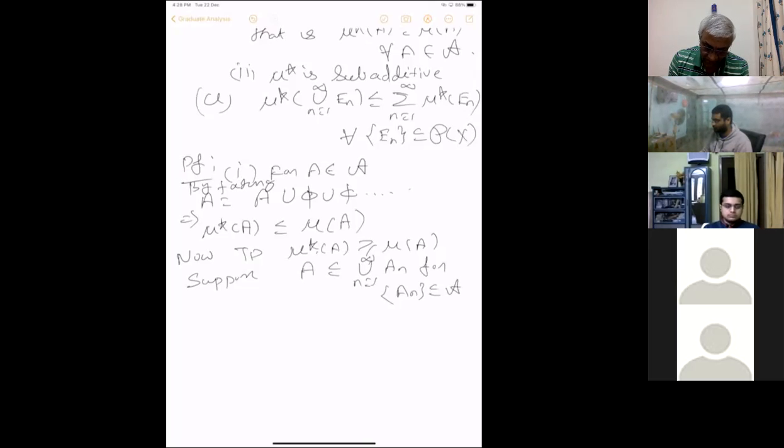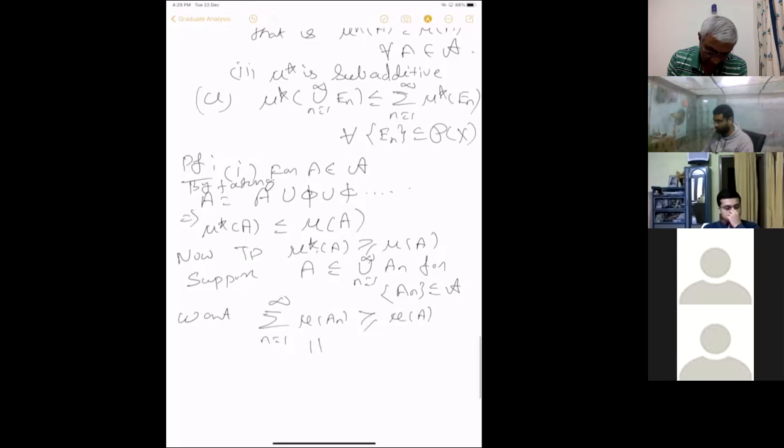Now, how do we prove that? We want to prove that the summation of mu of An, n equal to 1 to infinity, is greater than mu of A. That's what we want to prove.